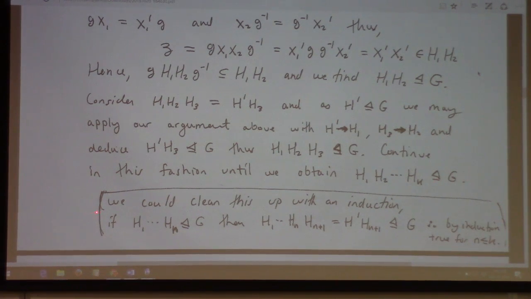To be more proper, you could do it by induction. If you assume this is a normal subgroup, then if you look at the n plus 1th product, well, we already know that's a normal subgroup, and that's a normal subgroup by assumption. So by the n equals 2 case, the product is again normal. So it's always the 2 thing.